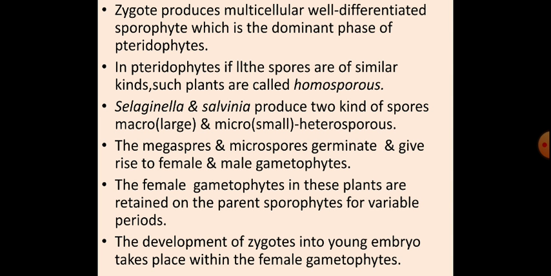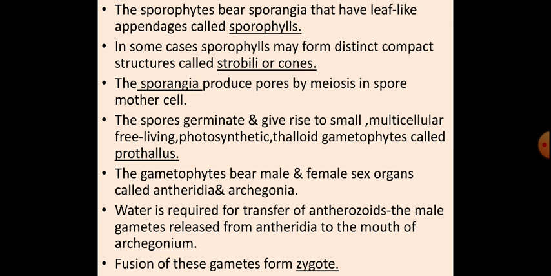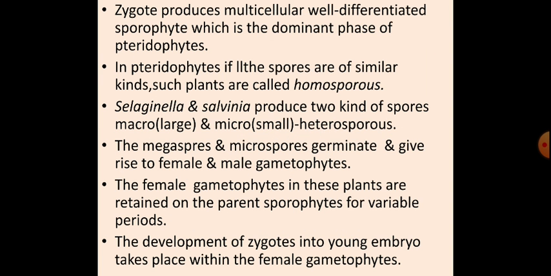So these spores, megaspores and microspores, germinate and give rise to male and female gametophytes. Already said, the sporangia produce spores by meiosis in the spore mother cell. Now the spores can be either homosporous or heterosporous. Finally, they germinate and give rise to male and female gametophytes in the sporophytic plant body.